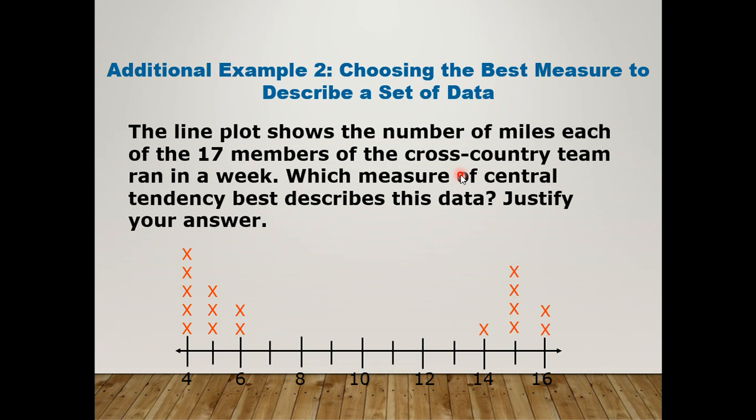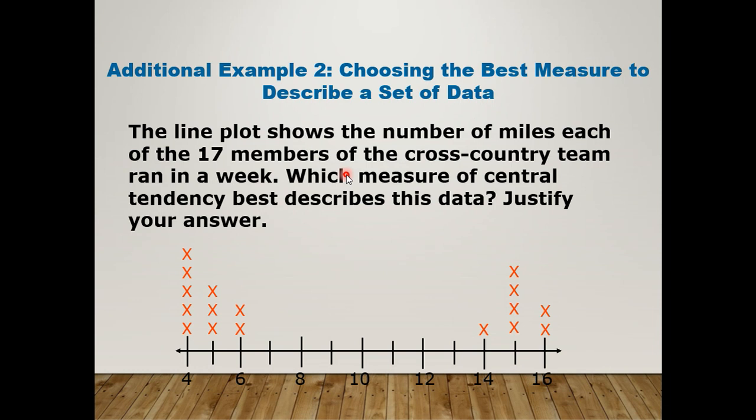Next example is this one. Paano po kapag naka-plot yung given po or yung pinaka tanong po natin. So the line plot shows the number of miles each of the 17 members of the cross-country team ran in a week. So which measure of central tendency best describes this data?